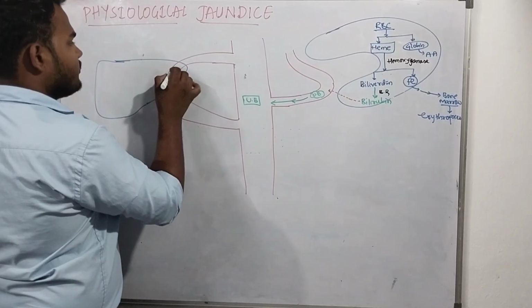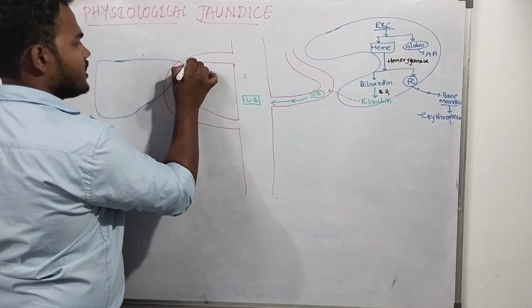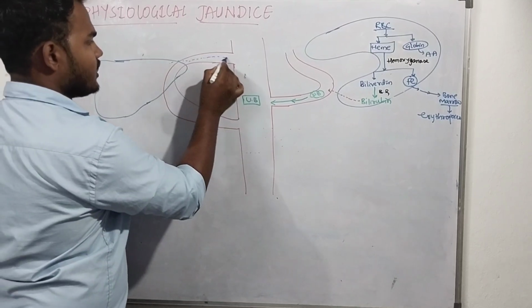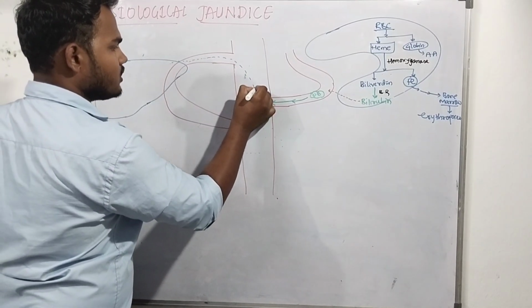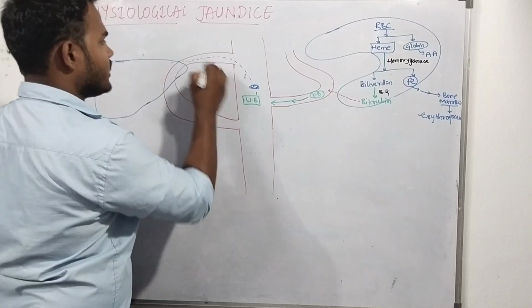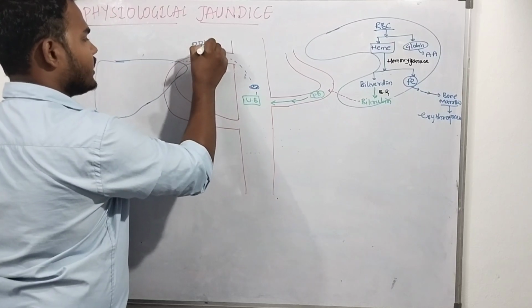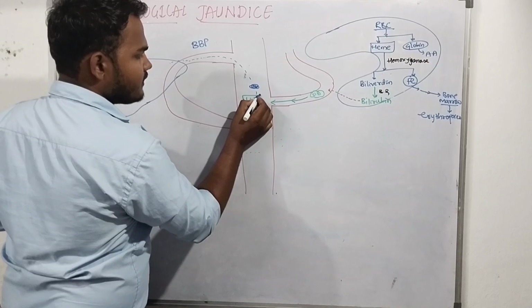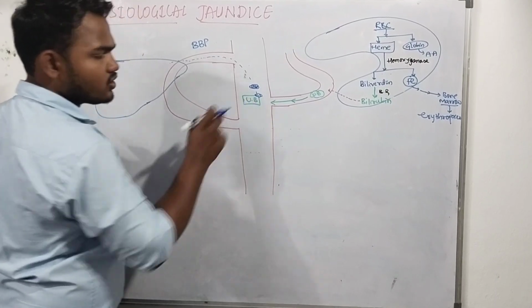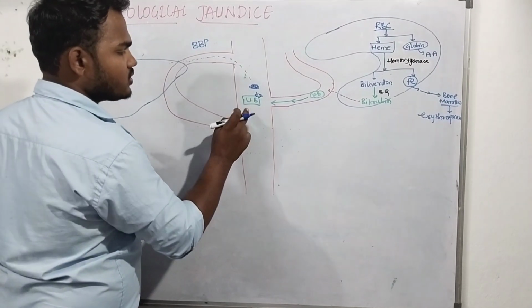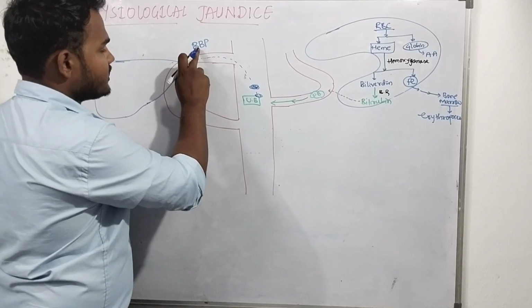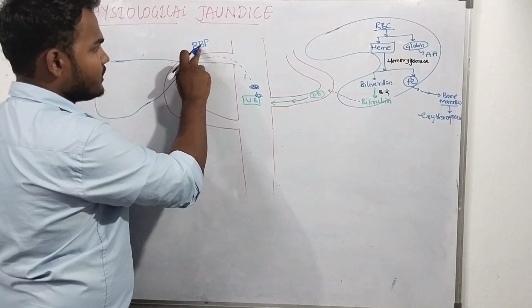From the liver, a special protein is produced, called bilirubin binding protein. This bilirubin binding protein binds with the unconjugated bilirubin.